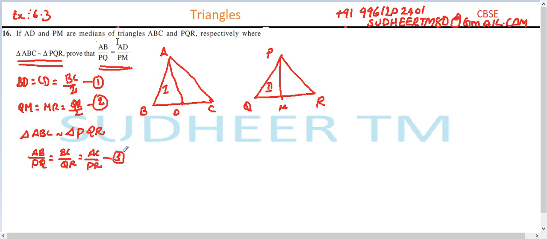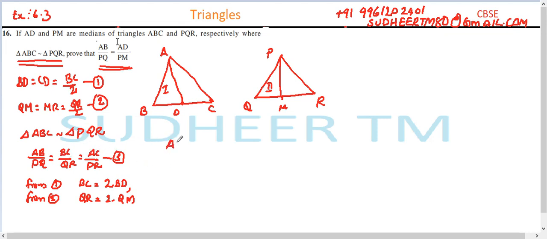Now from equation 1, BC is equal to 2 times BD, and from equation 2, QR is equal to 2 times QM. So apply this to equation number 3 in the center term.